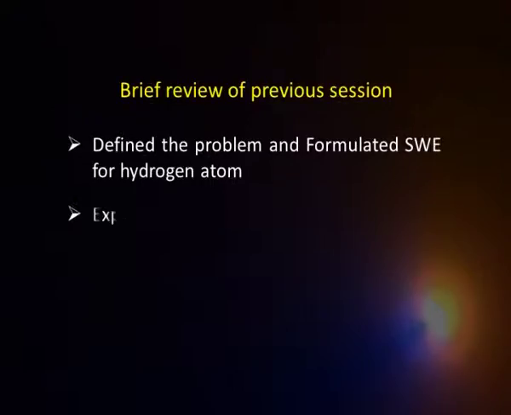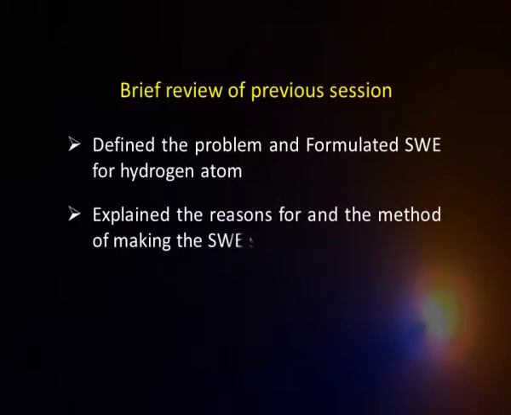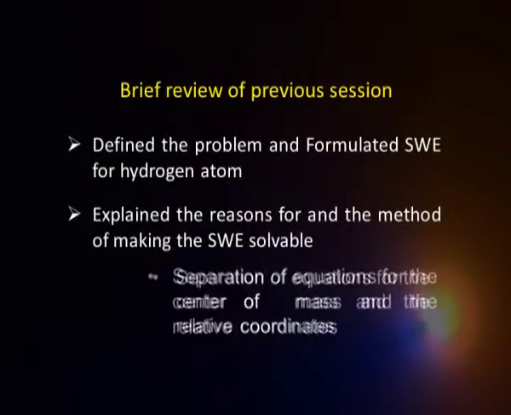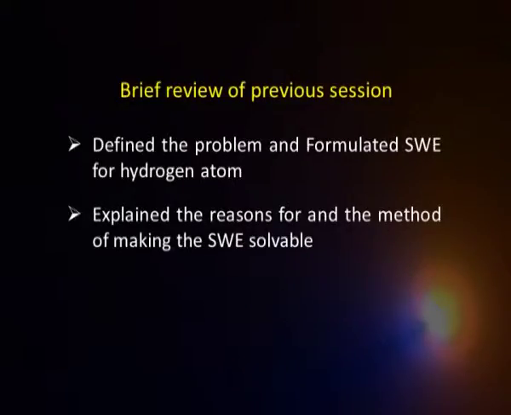The first thing we did was separate the Schrodinger wave equation into two equations, one for the center of mass and second for the relative coordinates. Center of mass means the atom is moving as a whole, as one particle. And relative coordinates meant the motion of the electron with respect to the nucleus. So there are two things we separated in the first instance.